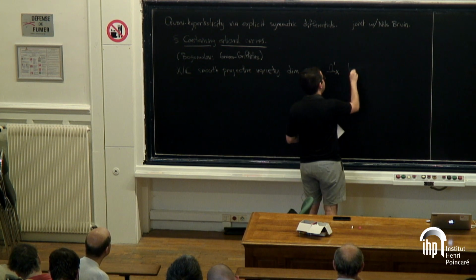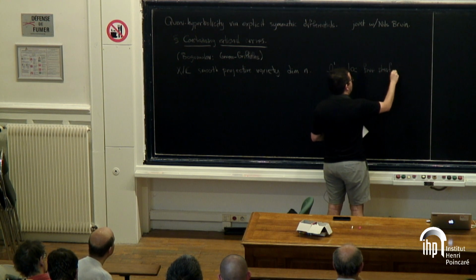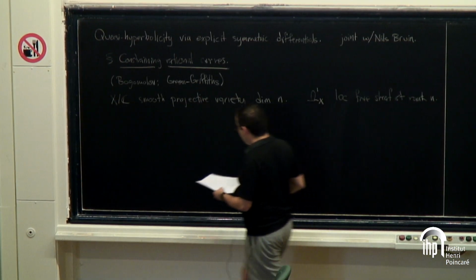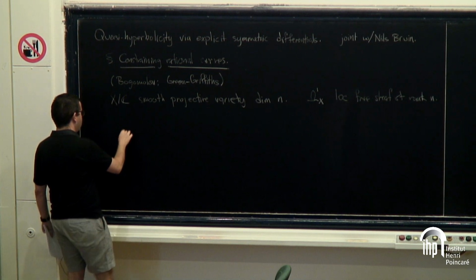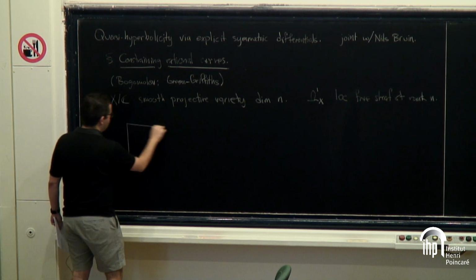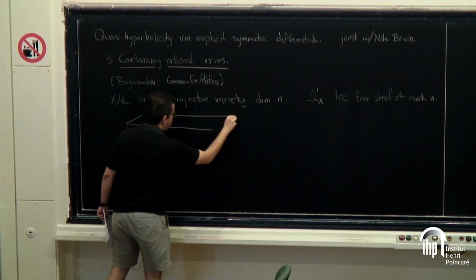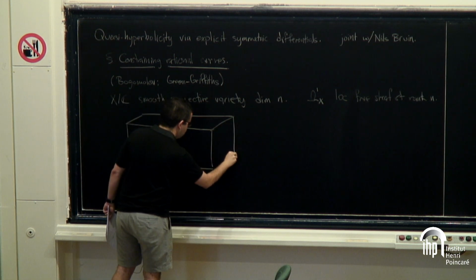This is a locally free sheaf of rank n. And I'm going to construct from it its associated projectivized bundle. So I'm going to draw a picture.